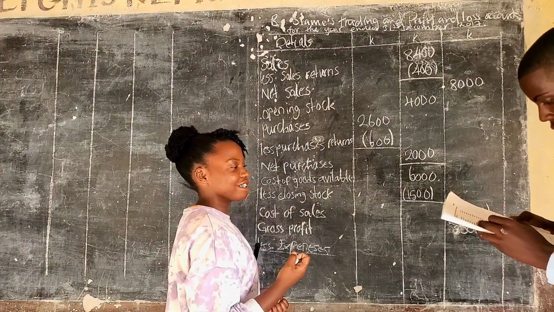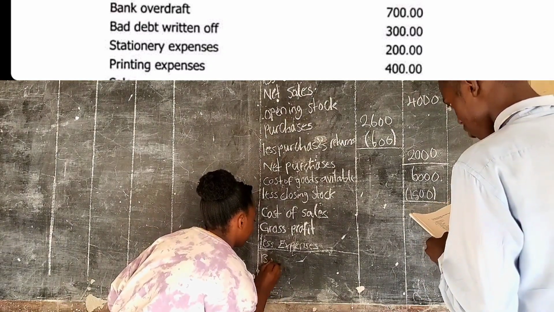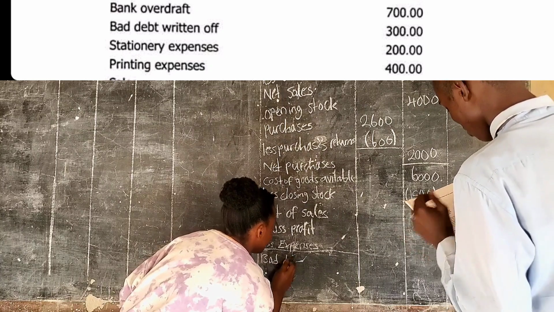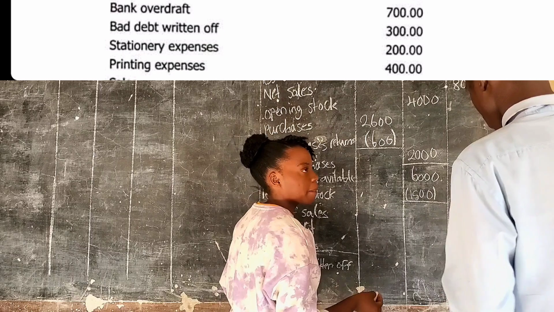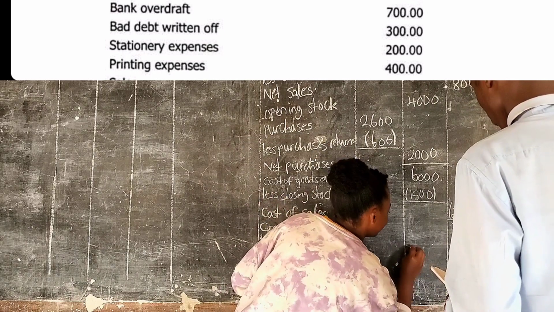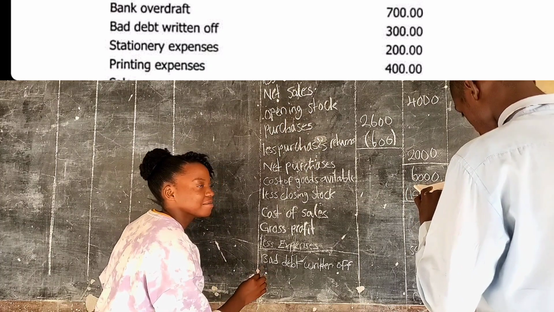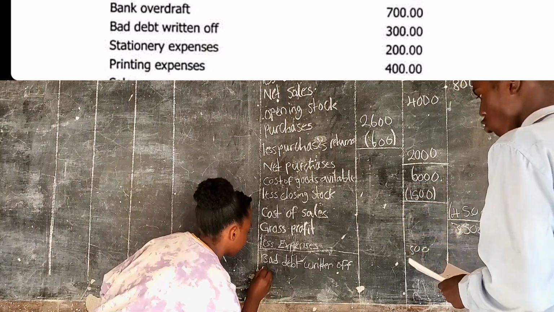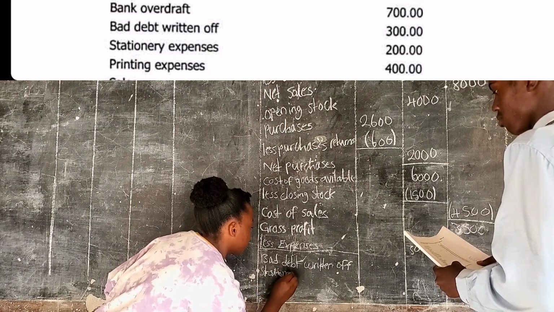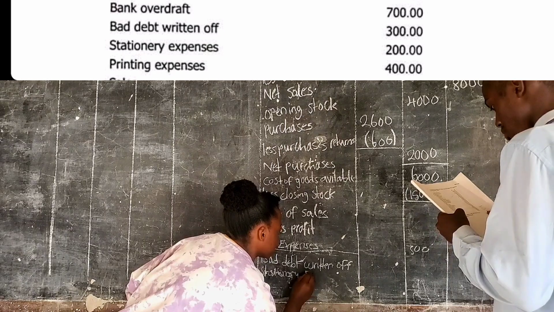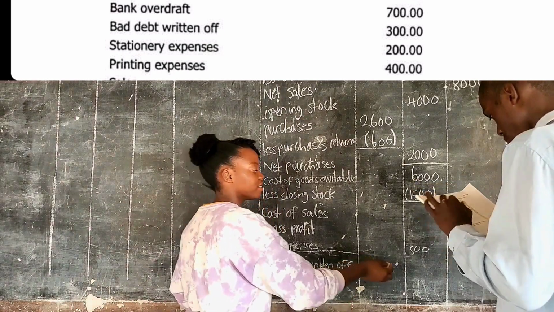What expenses do we have? Bad debt written off. How much is it? 300. Take it to the middle column. The next expense, stationery expense. How much? 400.